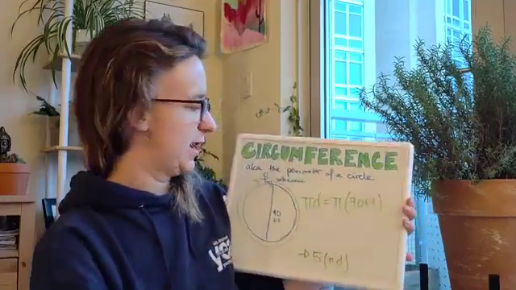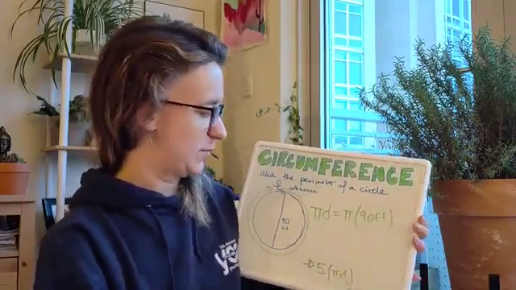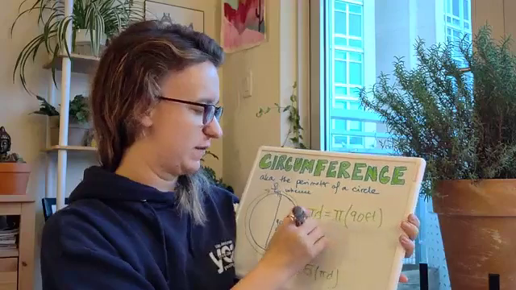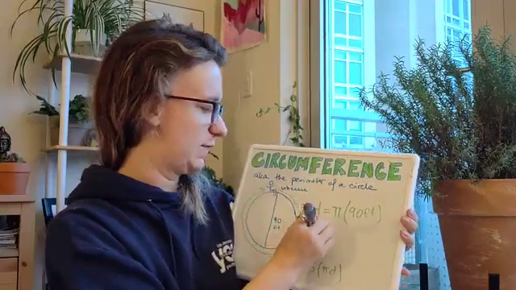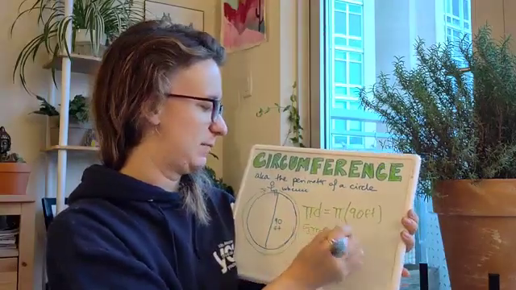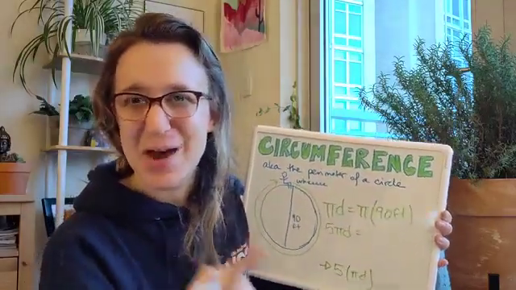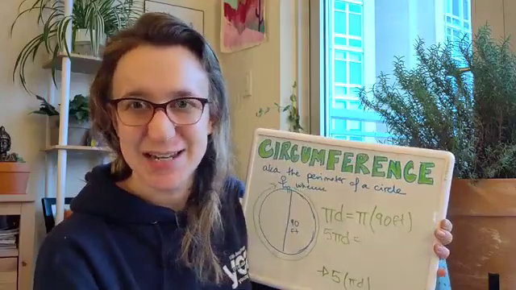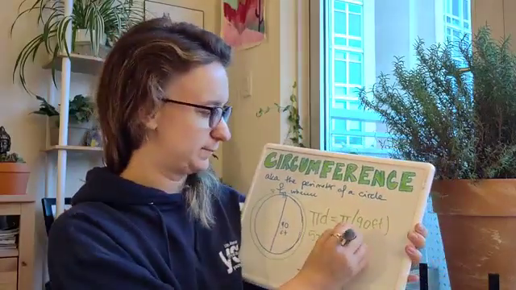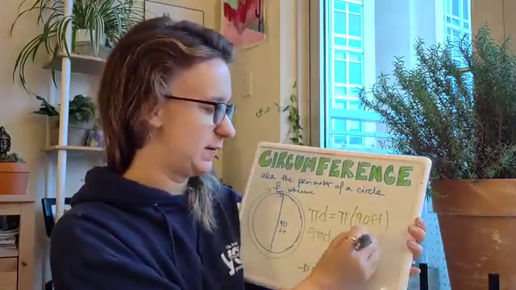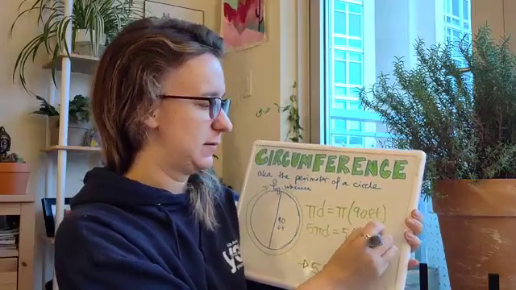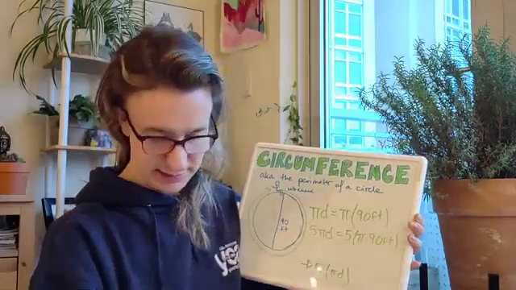Pi times 90 feet, and then we're going to have to multiply all of that by 5. So 5 pi d. We can do that because multiplication is commutative. Remember, it doesn't matter what order you do the multiplication in, it's going to get you the same answer. So 5 times pi times 90 feet.